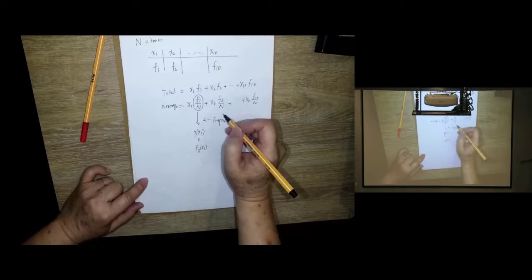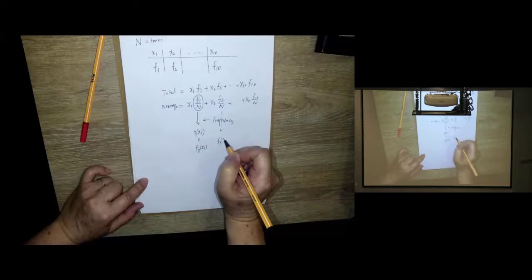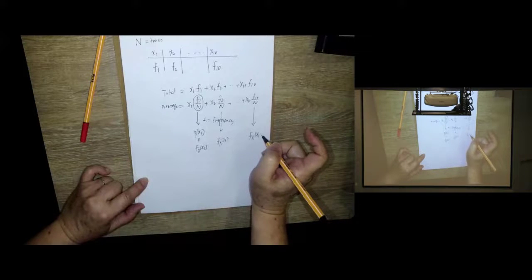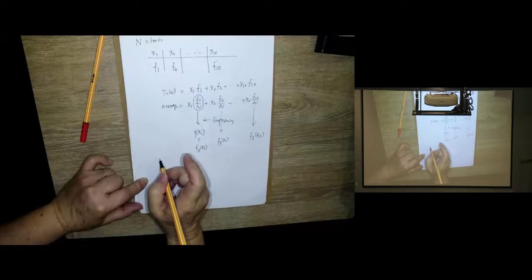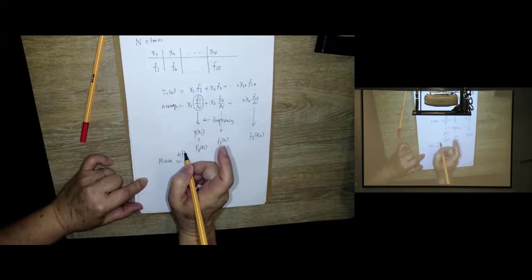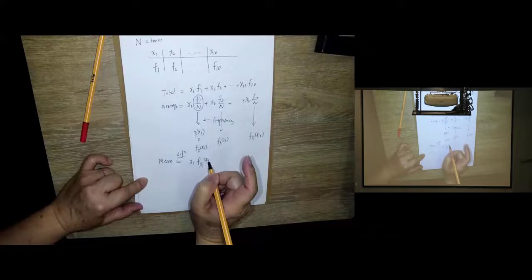So all of them would go to the corresponding f of x2, and then this will converge to f of x10. So that is why this is our definition. That would be x1 times f of x1.